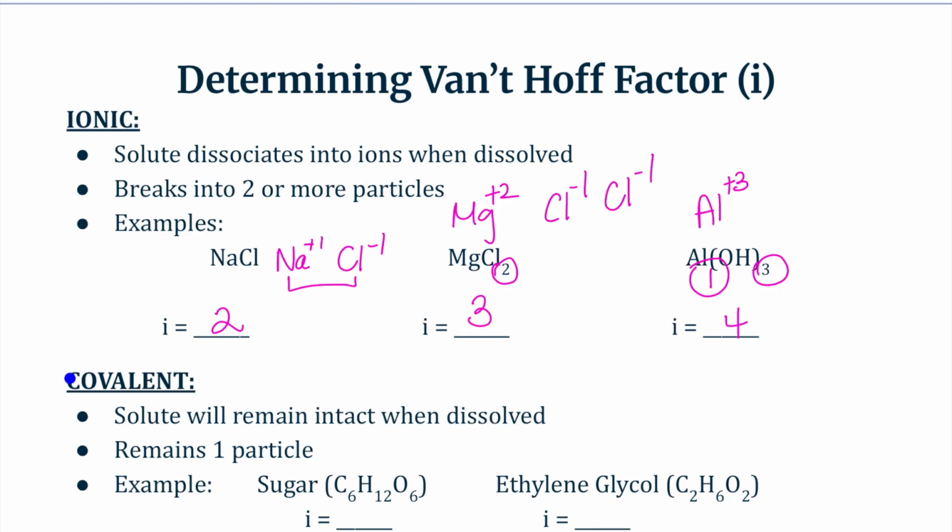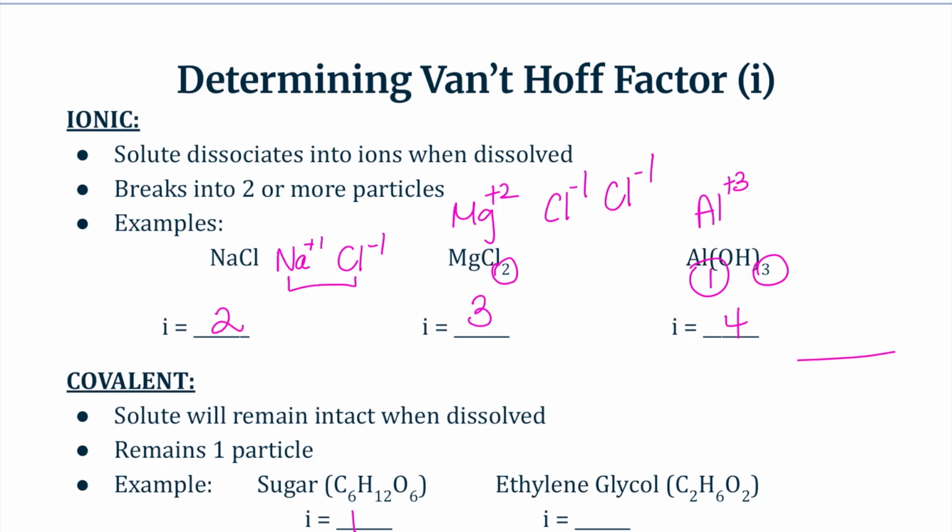For something that is covalent though, your solute might dissolve, but it is going to remain intact. Meaning anytime you have something covalent, you are going to just have 1 particle. So if we look at sugar, C6H12O6, that is not going to break into ions, and so it is going to have an I value of 1.